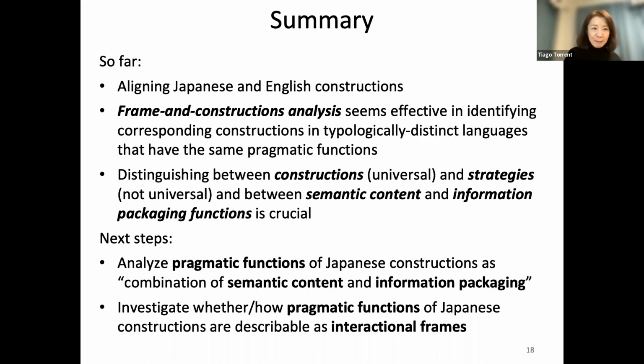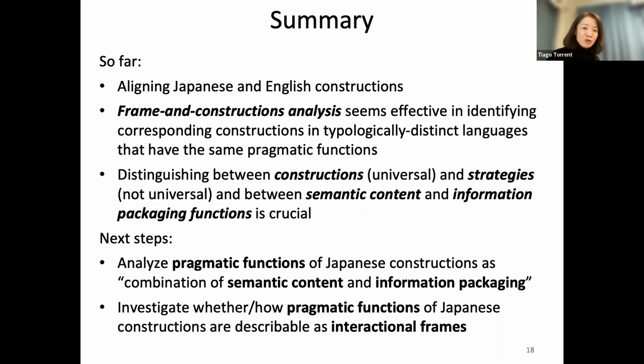So these are the questions that we are working on. To wrap up, so far we've been trying to align Japanese constructions with those in English. Since I've been using this approach, frames and constructions analysis, I've been analyzing lots of Japanese constructions which have rich pragmatic functions.